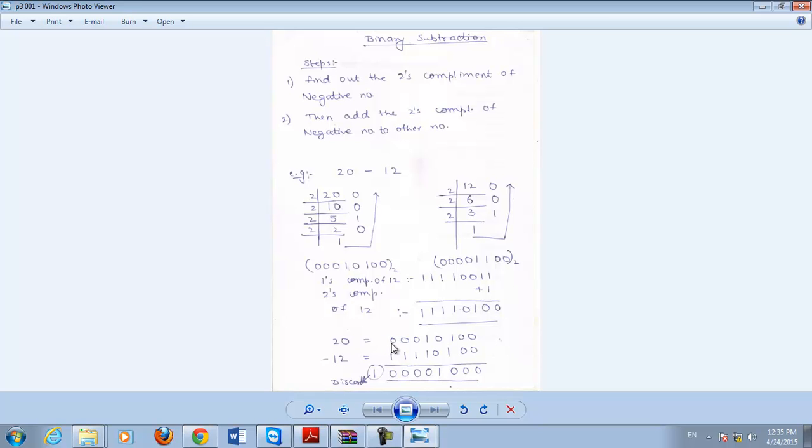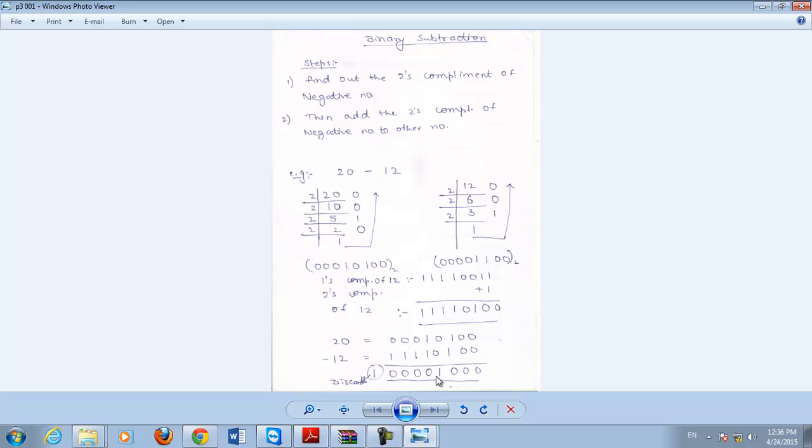Firstly, write down the binary equivalent of 20, then write down the 2's complement of 12, then simply add the 2's complement of the negative number with the positive number. And if there is an extra bit, then you can discard it. Means the addition or subtraction of 8 bits should come into 8 bits only. If the result comes in 9 bits, then the 9th bit will be discarded.